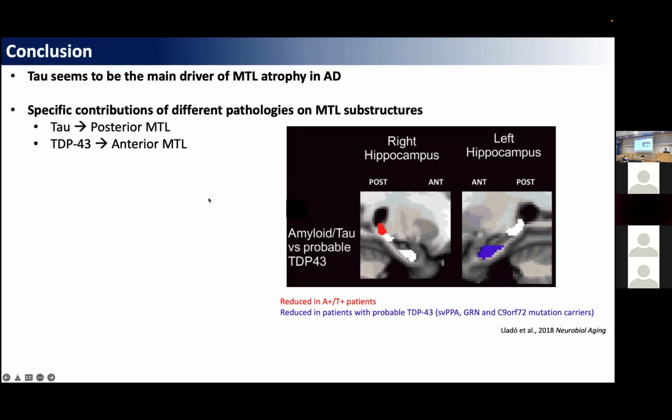This is in line with other studies, including one by Ranasinghe, published in 2018, where they compared patients with AD and patients in the FTD spectrum, so with probable TDP pathology, and they found that the patients with AD had stronger atrophy in the posterior hippocampus, while those in the FTD spectrum had stronger atrophy in the anterior.